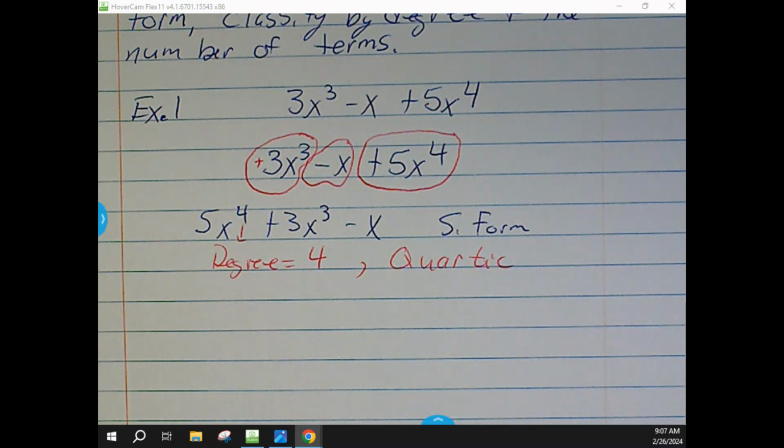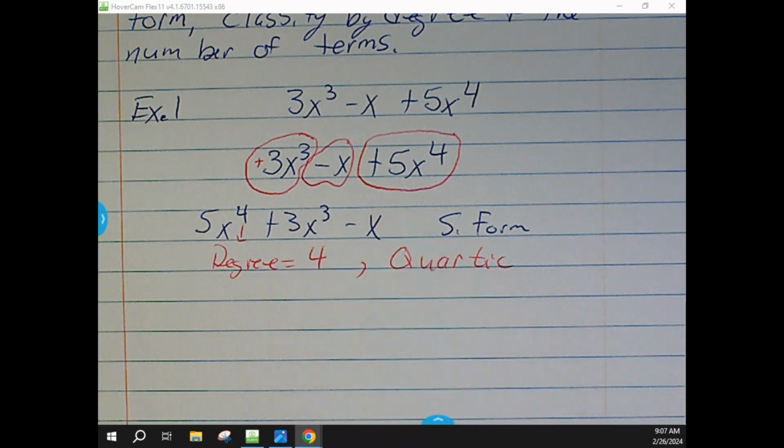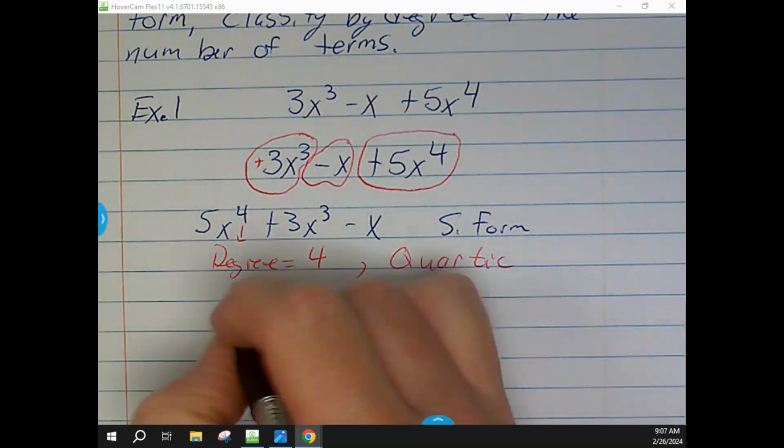Okay, and really it comes down to the terms here. We've got 3 terms.